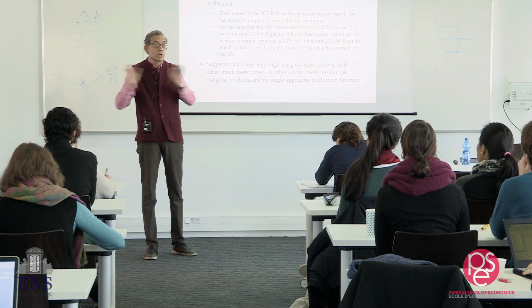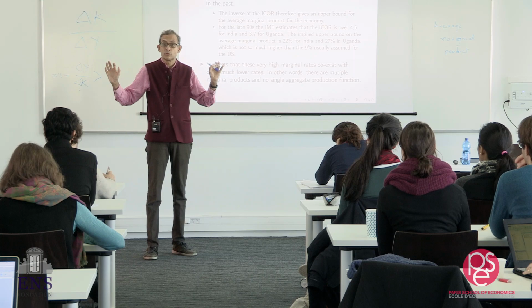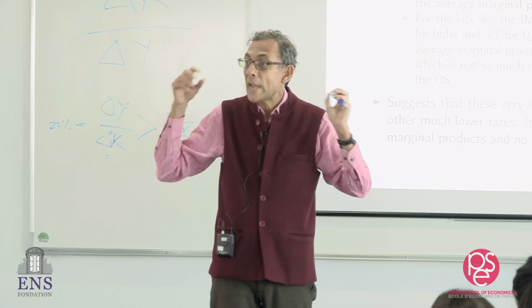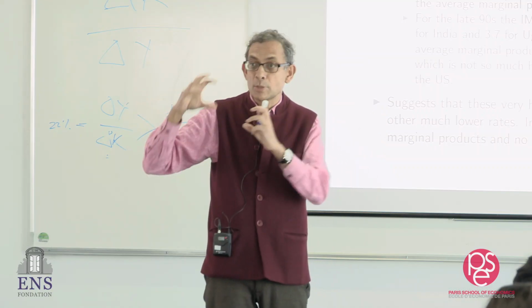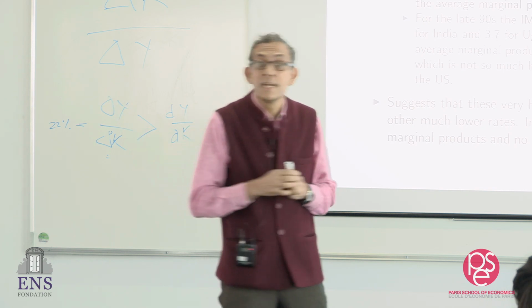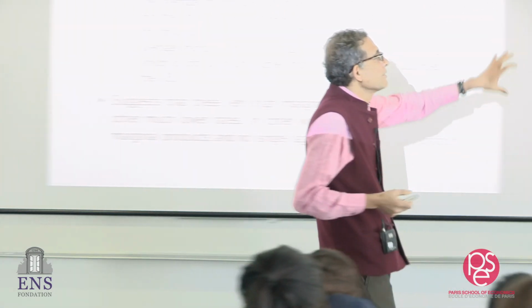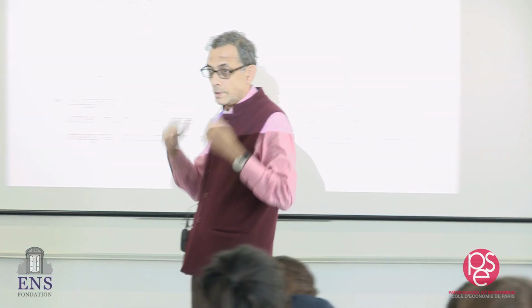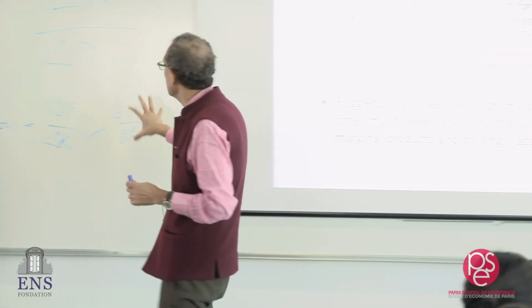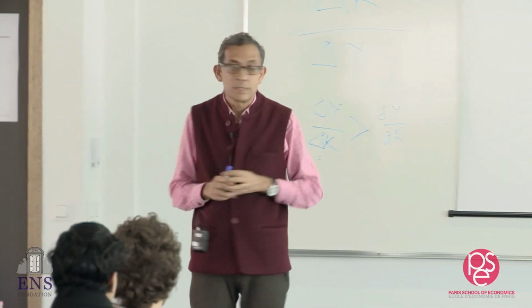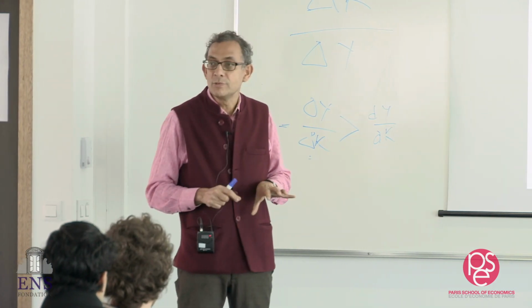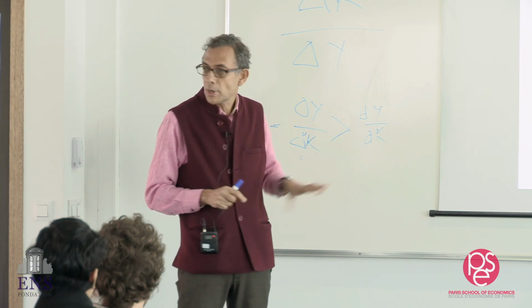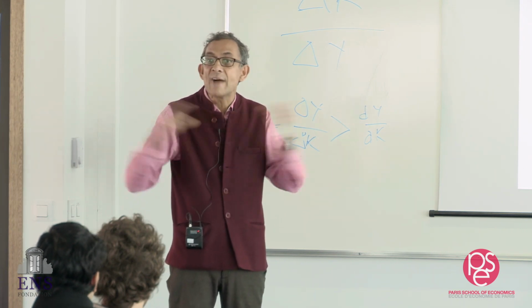This takes the marginal products of all those firms, weights them by the amount of capital they added. That weighted average is the average marginal product. That's what we observe in the data. What we observe in the data when we invert the ICOR is an upper bound on that, but it's really not the upper bound on an individual firm's marginal product, it is the upper bound on the average of that.